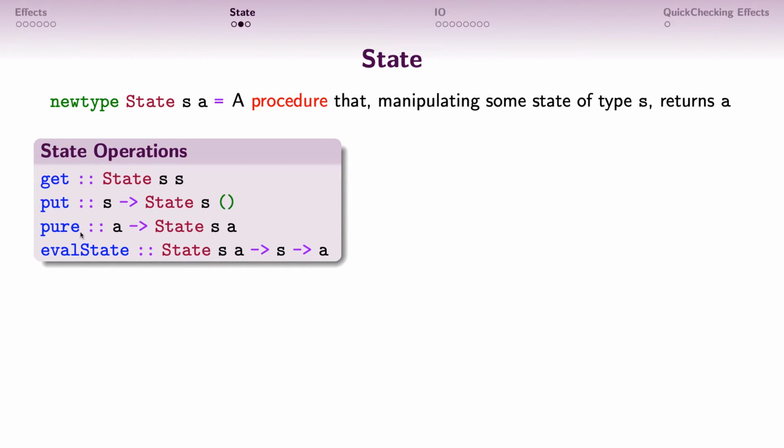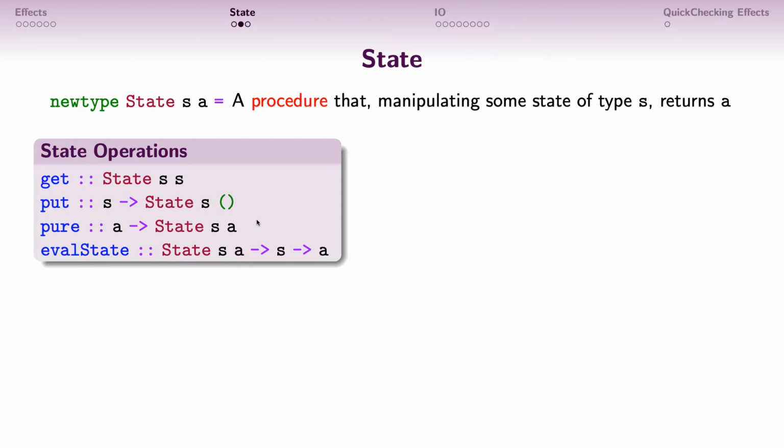And then pure is the function that, given a value a, will give you a stateful computation that doesn't do anything to the state and just returns a, right? So it's just going to be the sort of identity element here. We essentially just leave the state alone and return the value a without doing anything to the state, but this helps us to make the types line up.